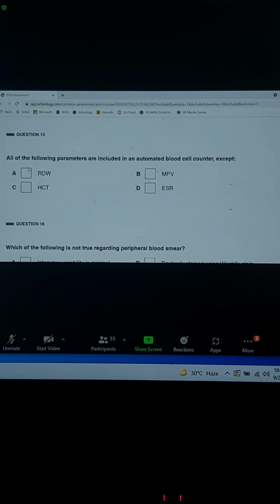Question number 15. All of the following parameters are included in an automated blood cell counter except, alin dito ang hindi kasama sa automated blood cell counter? Is it A, RDW, B, MPV, C, hematocrit, or D, ESR?